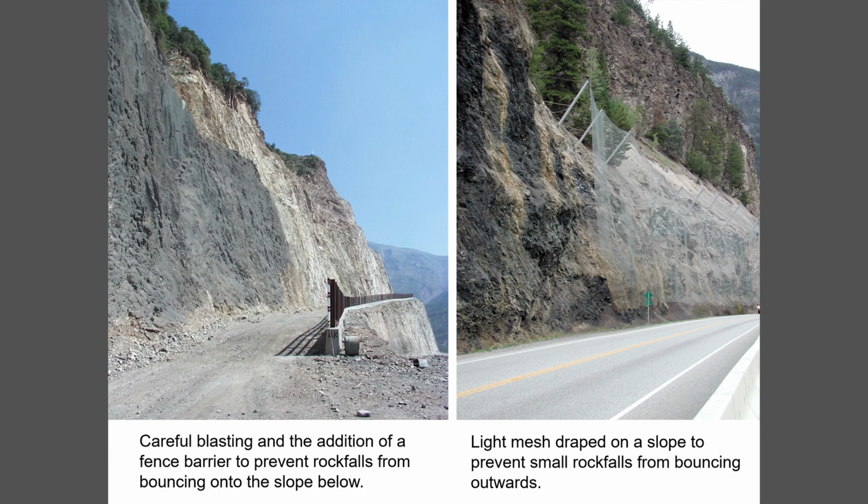So there are many solutions of this type that can be considered, and the model that I showed you earlier on is a very valuable tool for placing these in the right locations and for calculating what capacity you need to resist the kind of boulders you're anticipating.